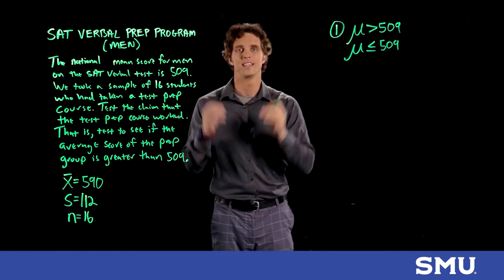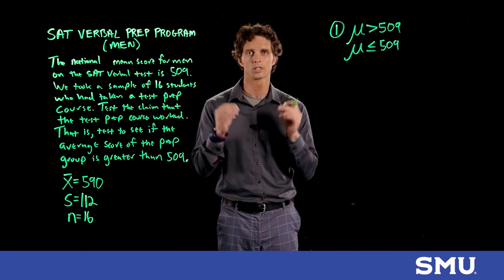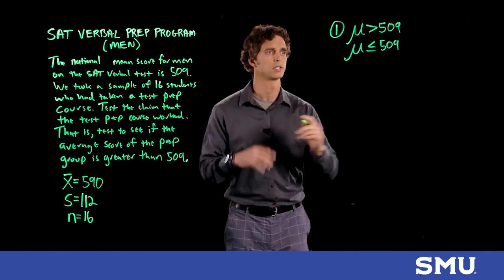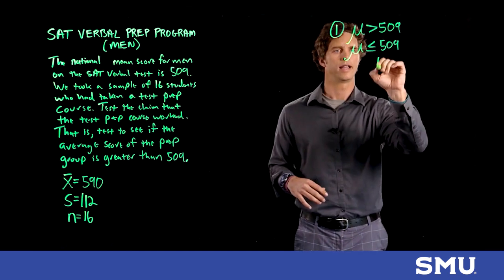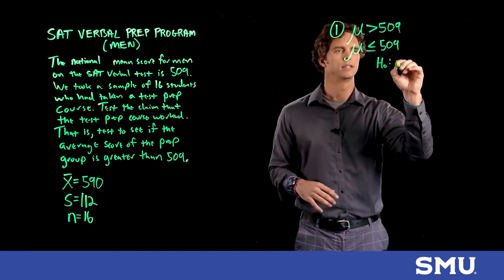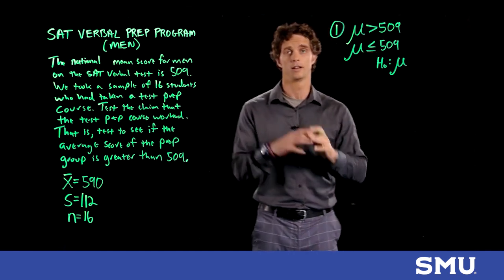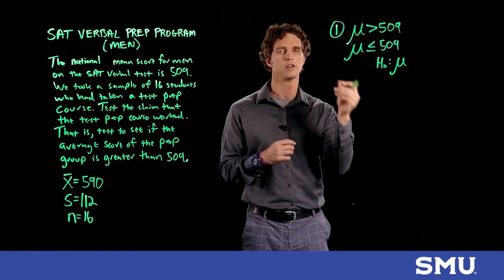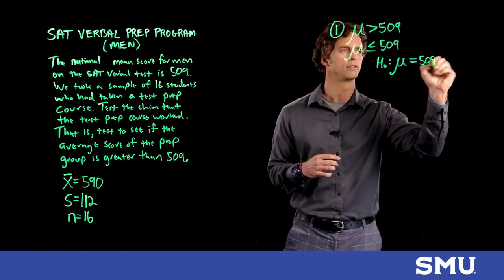And then remember that the equal sign always goes to the null hypothesis. So in step one here, I will have that H naught is mu, and I'm going to go ahead and drop the less than or equal to sign. You can do either way. It's just that under the null hypothesis, we're assuming that mu equals 509.